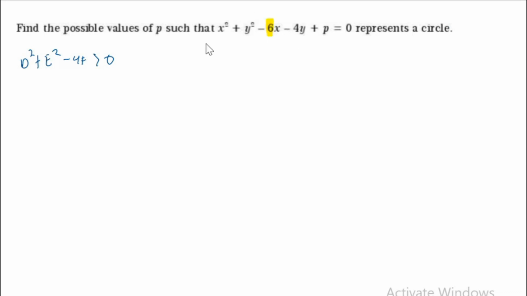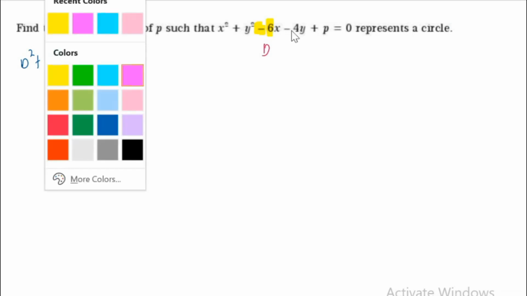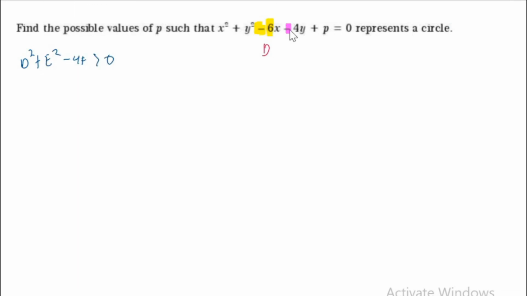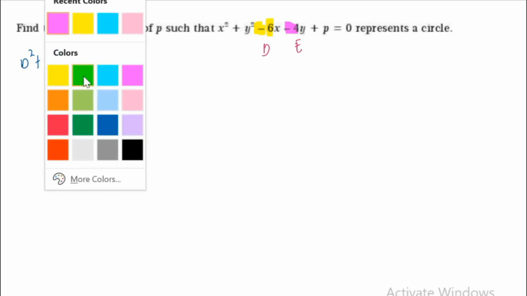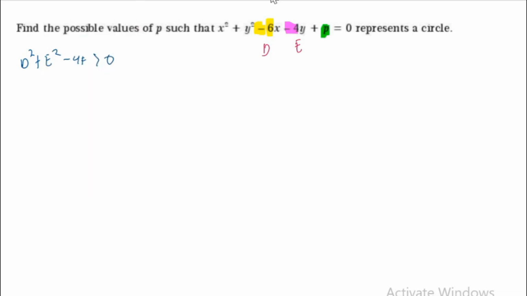The value of e is negative 4, and the value of f must be equal to p.